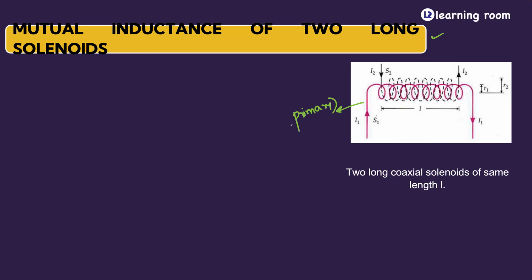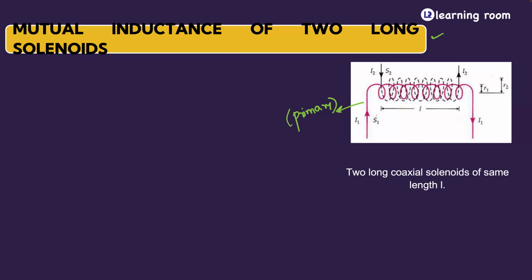So there will be one solenoid and another solenoid placed exactly along the axis of the first solenoid. Are you able to understand this? There is another solenoid, represented by the dotted circles, which is placed coaxial with respect to the first solenoid.